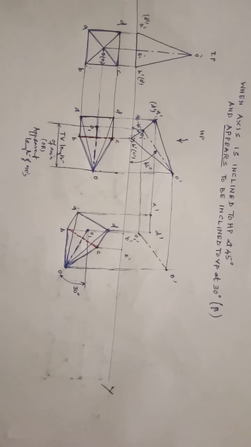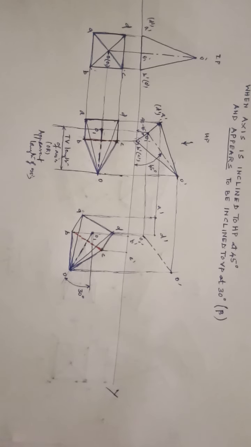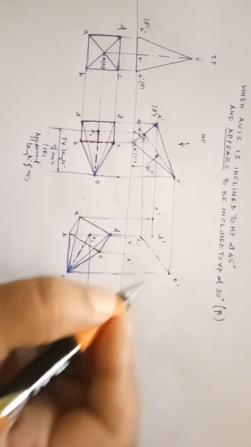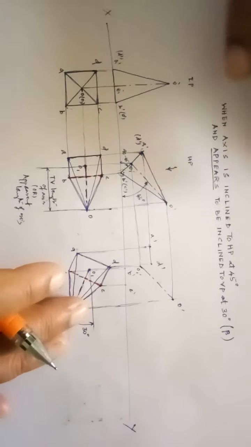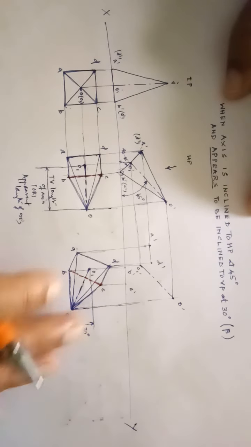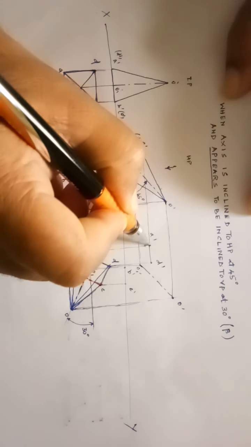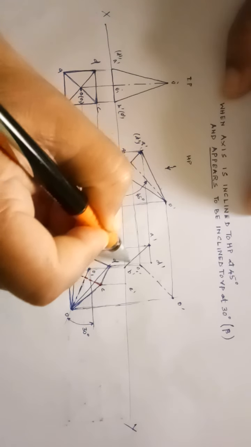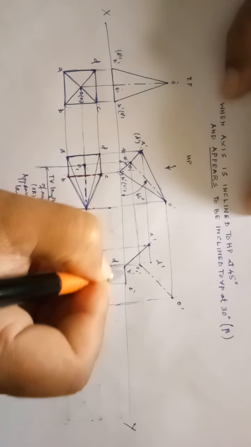Okay, now to complete the top view, you have to follow the rules of visibility. What the rules of visibility state is that all outlines are visible lines. Okay, so all outlines are visible lines. So I'll join all the outlines A dash to B dash. So this is an outline. B dash to C dash.